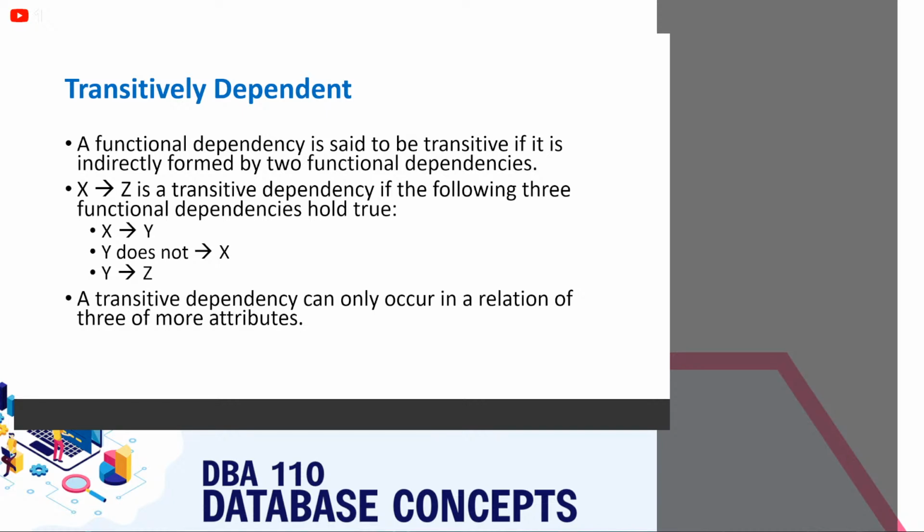So if we look, for example, at this sort of logic map here that we have in our second bullet, we have an x to z dependency. X is functionally dependent on y. Y is functionally dependent on z. Now in this case, y is not functionally dependent on x. And we'll see in our next example kind of what that could mean in practice.